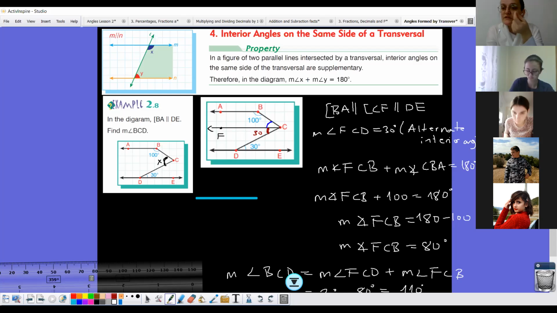Look, you need to be familiar with these words, because in some questions maybe the figure will not be given, but it will say they are alternate interior angles, and you need to know that they are congruent to each other.